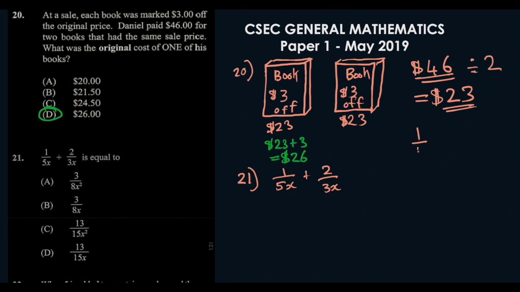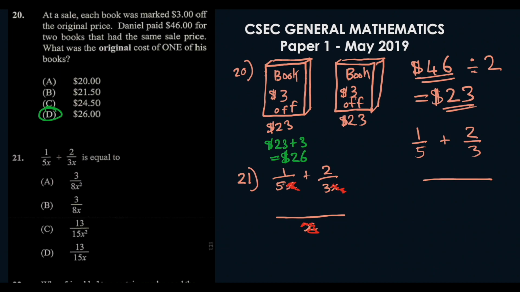So if we had 1 over 5 plus 2 over 3, we could not add these because they do not have a common denominator. In this case, the only common denominator that we have here is x. That's a common denominator. So we're going to pretend that we don't have the x here just to help us work it out. So let's just put it here knowing that it should be here, but let's just hide it for now.